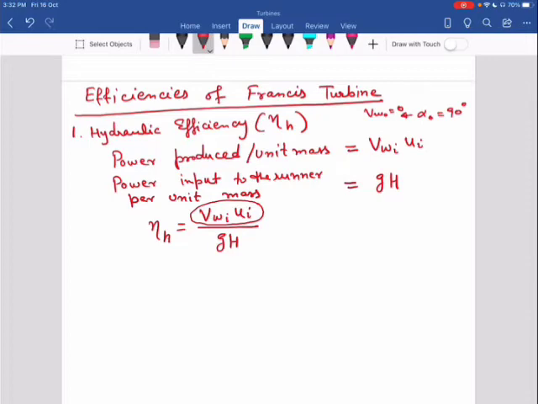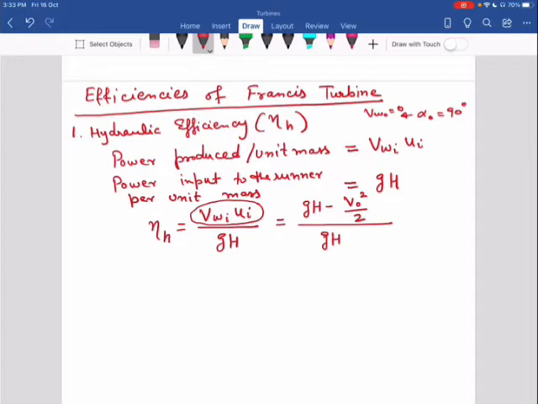Okay, or you can say this is the amount of energy transferred from one form to another form within the runner. So we can also write this as the energy supplied minus the waste energy divided by GH. So this is another formula for hydraulic efficiency.